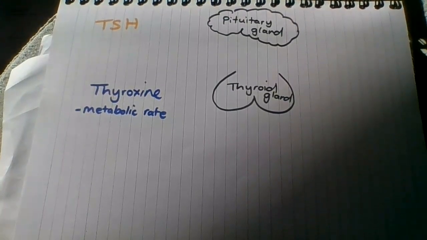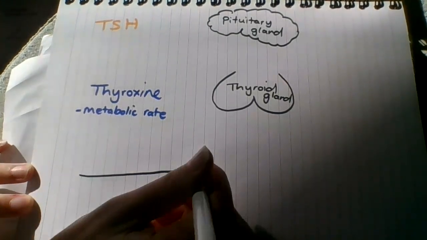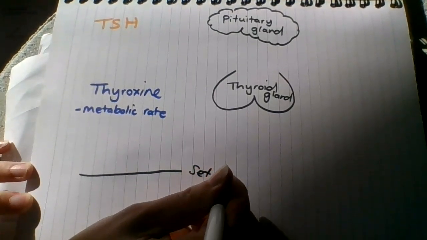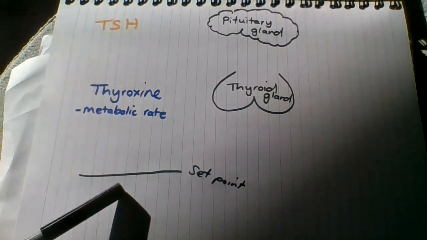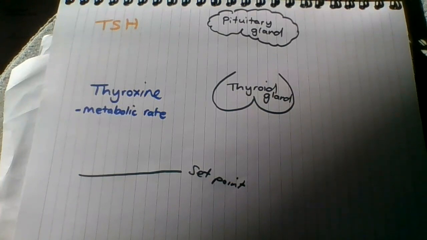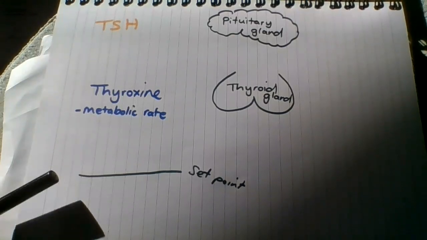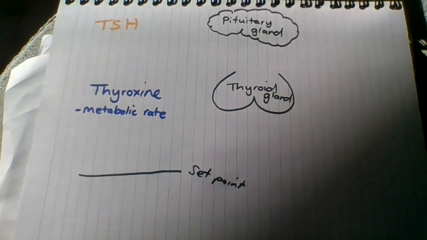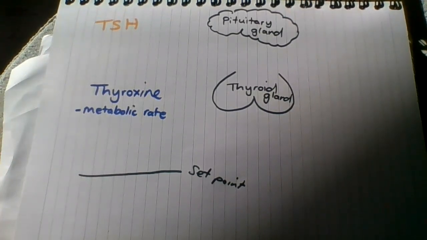So if we're talking about negative feedback, we've got to go back to that little graph that I talked to you about. So here's my set point, my constant internal environment, whether that's my internal temperature of 37 degrees, or my blood glucose concentration. And you've got a set point of thyroxine. It stays pretty much stable the whole time. And so homeostasis is important for maintaining those levels of thyroxine at their set points.